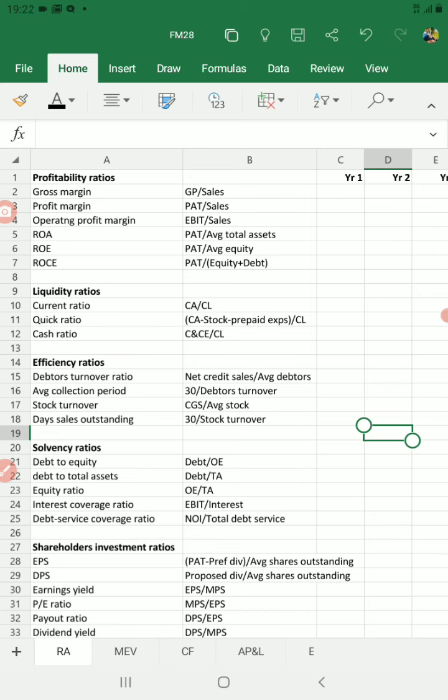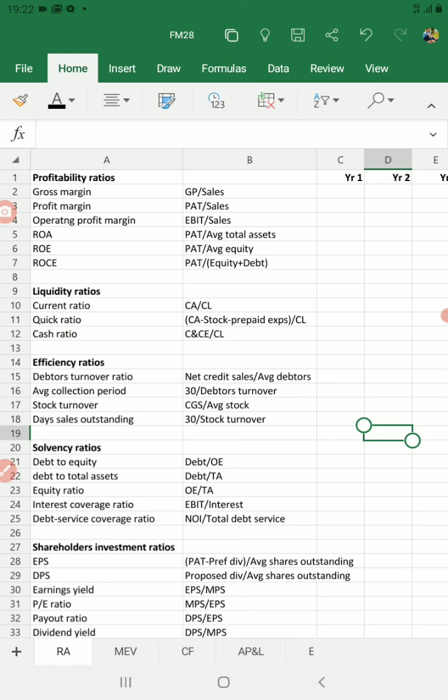So we will start with profitability ratios in this tutorial, and we will do other areas in other tutorials. We are going to do this on our projected financials on both monthly and annual summaries.